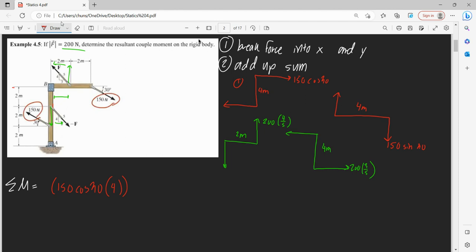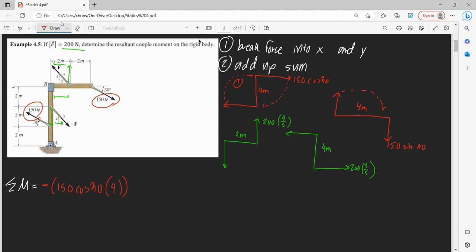And if we were to get rid of this line in between, if we drew arrows that connected the tips to the tails of each one, we would see that this causes a clockwise rotation. So we're going to put a negative there.